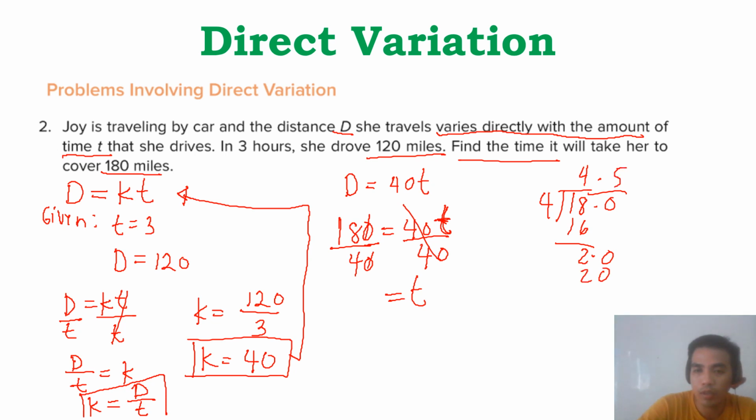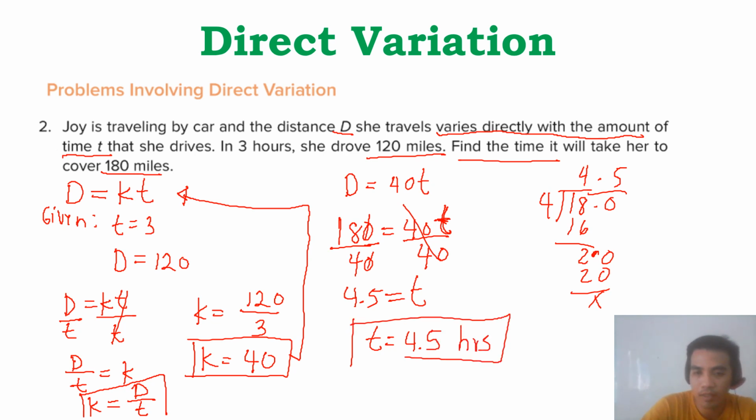So, we have 4.5, or time is 4.5 hours. Okay? So, na-solve natin yung time by this process. So this is how to solve problems involving direct variation.